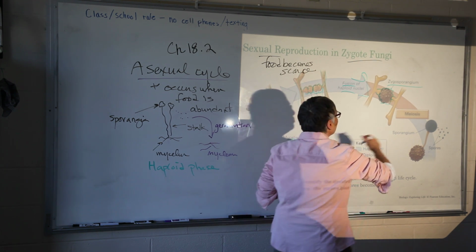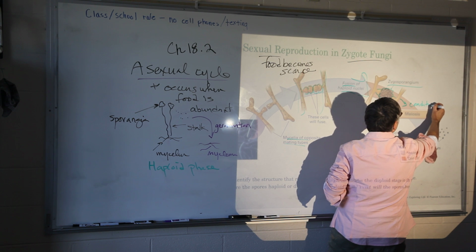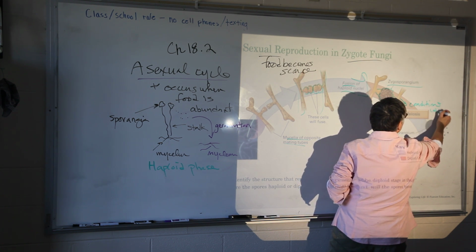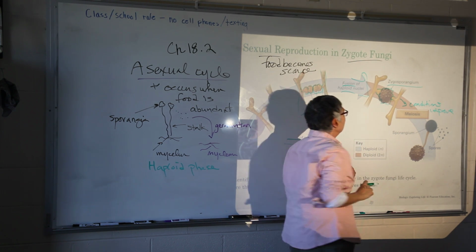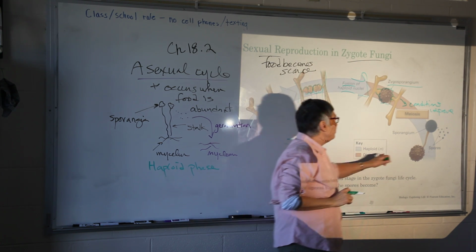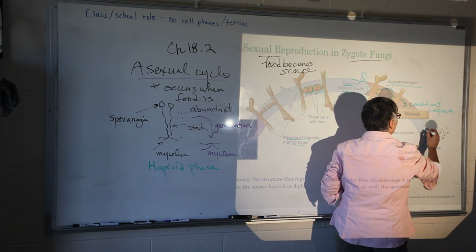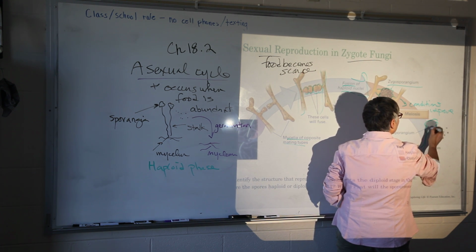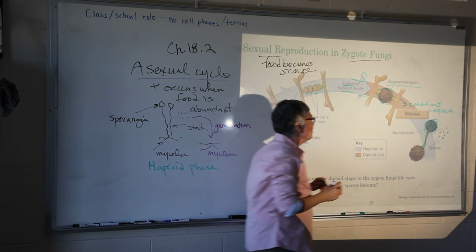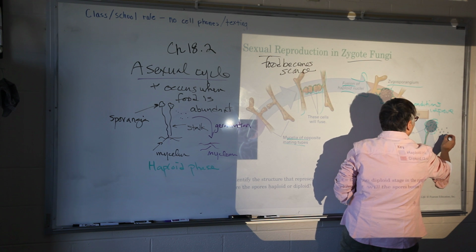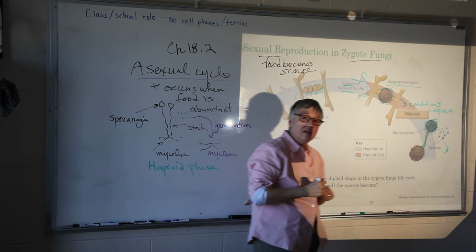When conditions improve, this structure will sprout a stalk, and at the top of a stalk is a structure that contains lots of spores, and those spores can be released to generate mycelium.